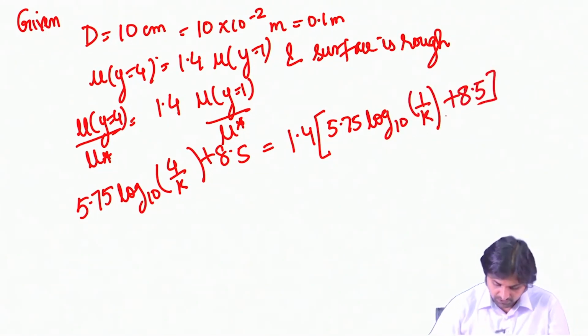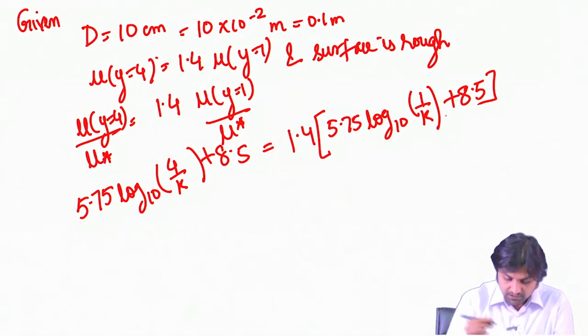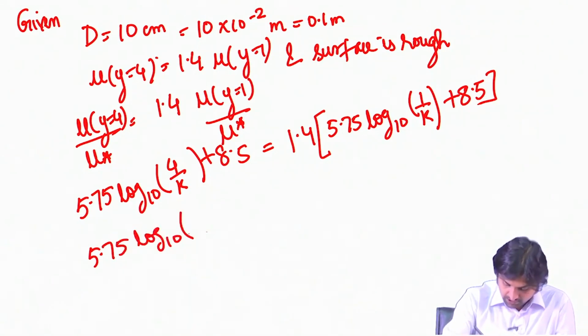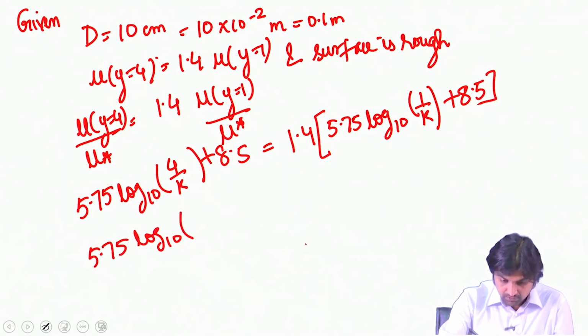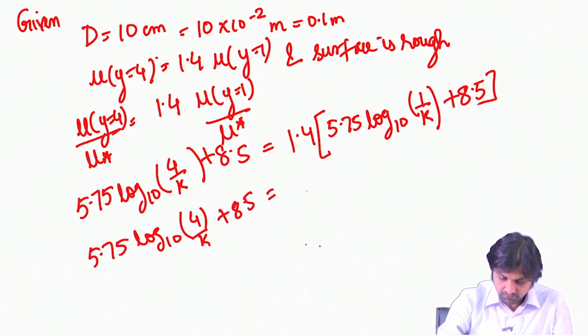This is what is given. I mean, this is what we have. So this will remain as it is, 5.75 log base 10 4 by k plus 8.5 is equal to this.